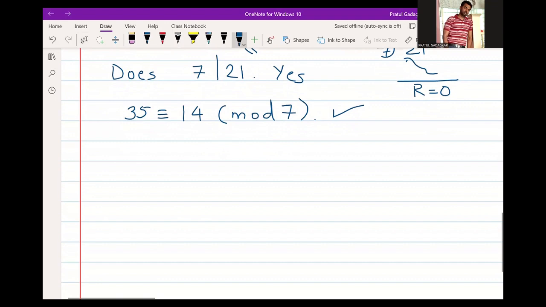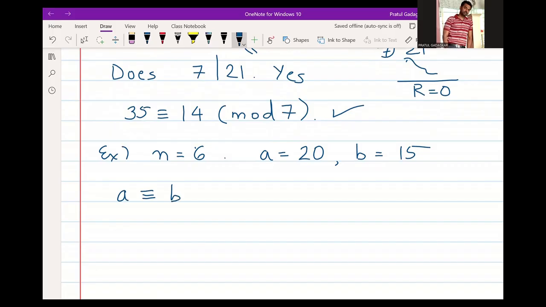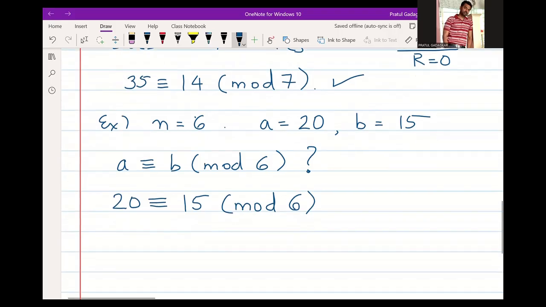You may sometimes get an example where the answer is no. So let me take n equal to 6, a equal to 20, and b equal to 15. Is a congruent to b modulo 6? Is 20 congruent to 15 in the modulo 6 relation?